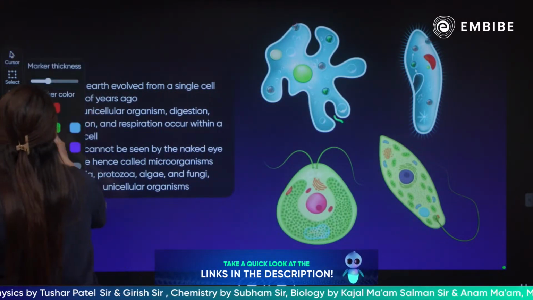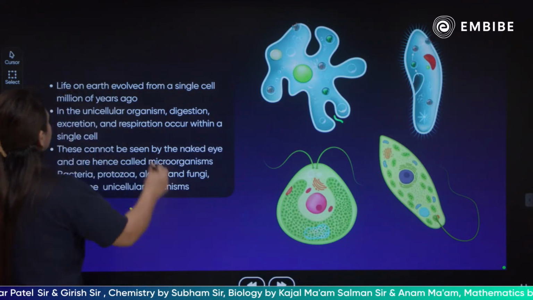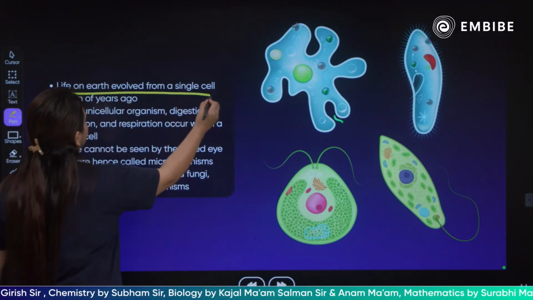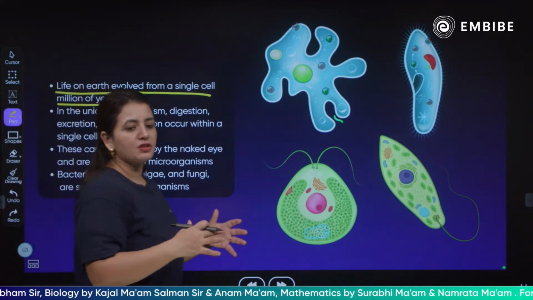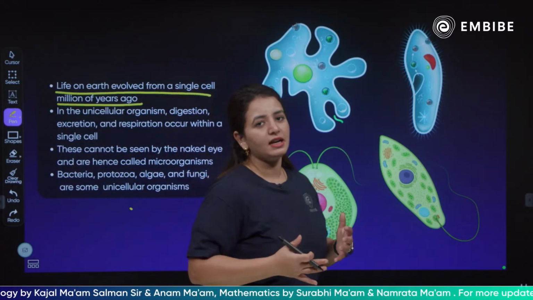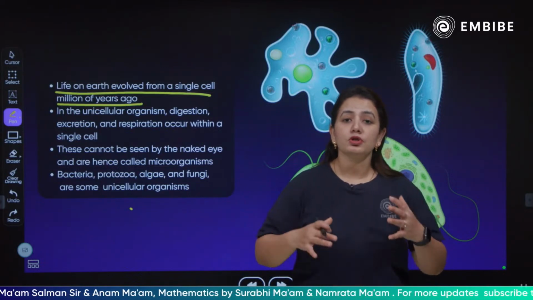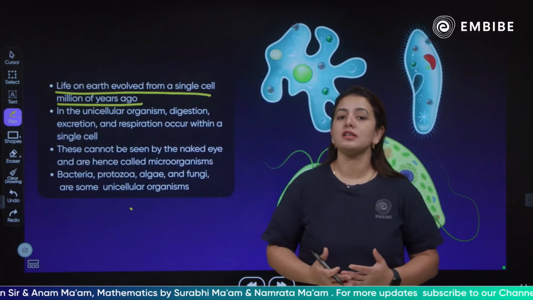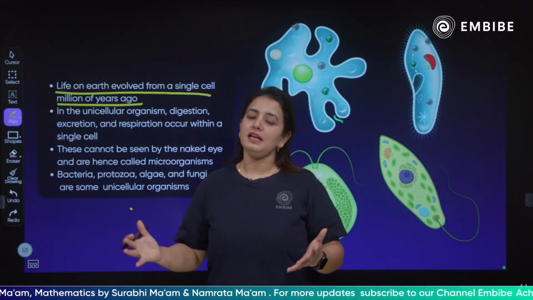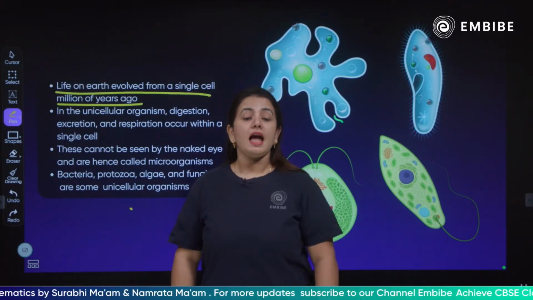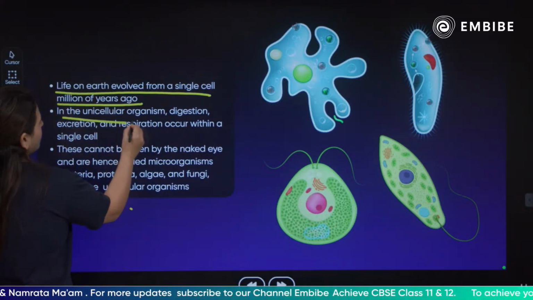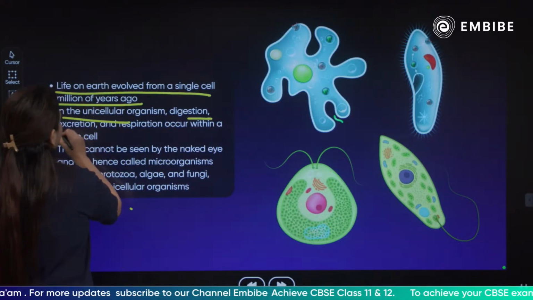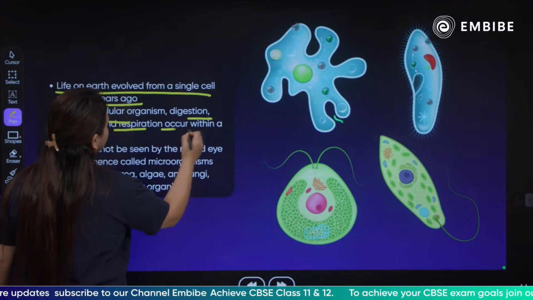What are bacteria? So children, life on earth began millions of years ago. When life first existed on earth, the very first organisms on our planet were single celled, of course unicellular organisms. In unicellular organisms, digestion, excretion and respiration occur within the cell.